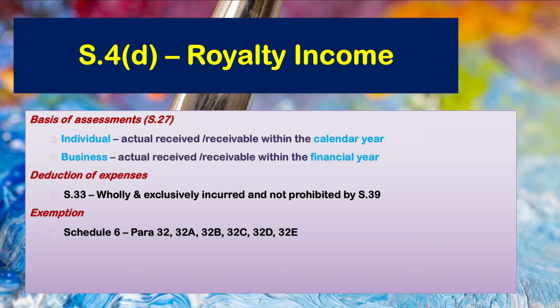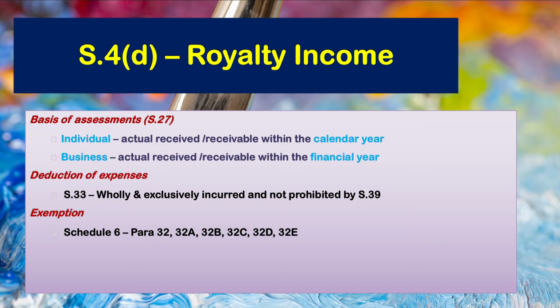The next one, para 32B, is about royalty that you receive in relation to literary work or original painting. Where you put your painting in any particular gallery, and then they pay you royalty, that royalty will get an exemption of 20,000.